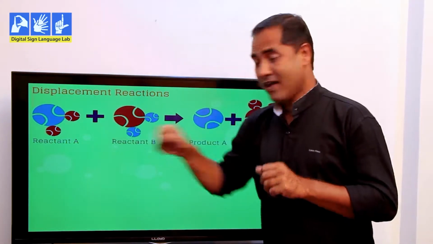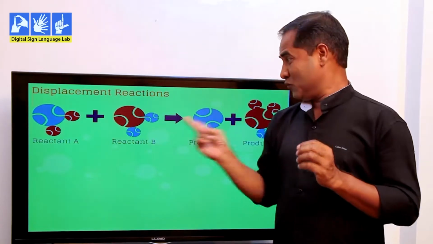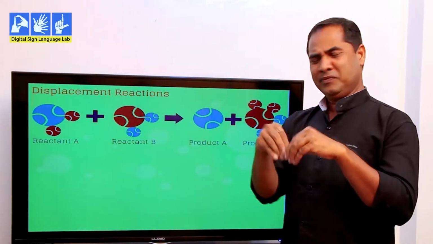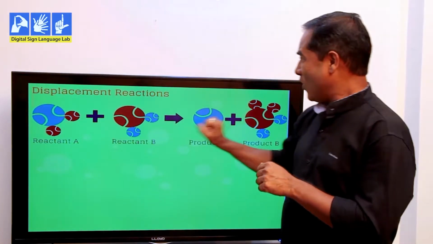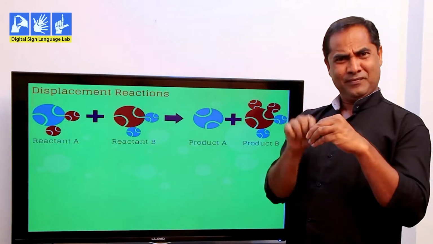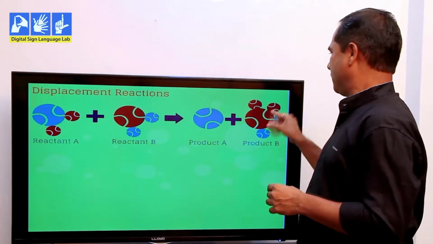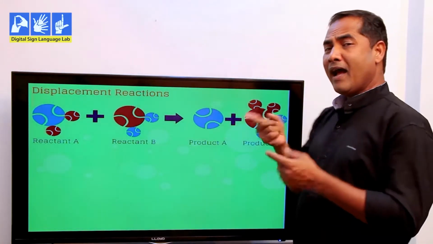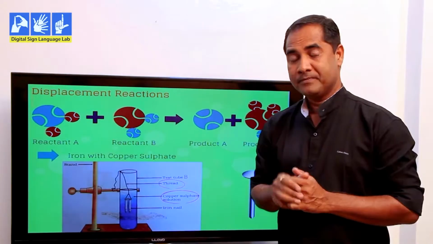Now if you see here, that's reactant A and that is reactant B. When they react, you see those two elements? It gets displaced because of the other reactant. I'll show you an example.